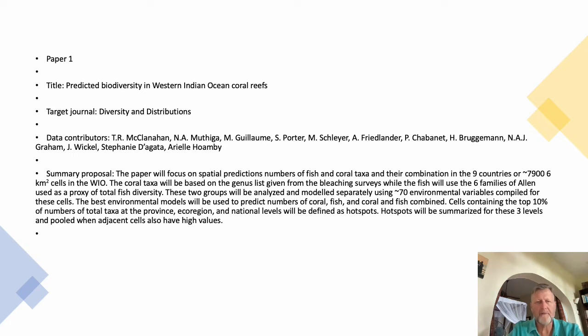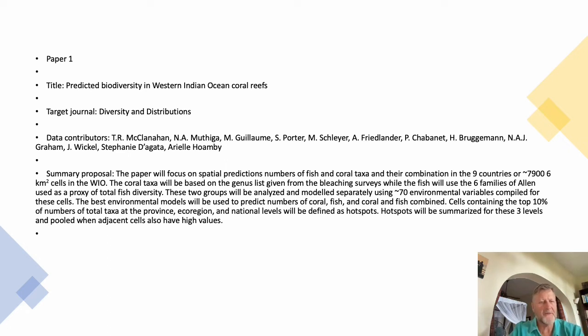This would involve data contributors from both corals and fish, and work as a larger team on this, whereas what I'm proposing for the other two papers is to divide the data into just the coral and just the fish in order to bring out more information about those two groups.